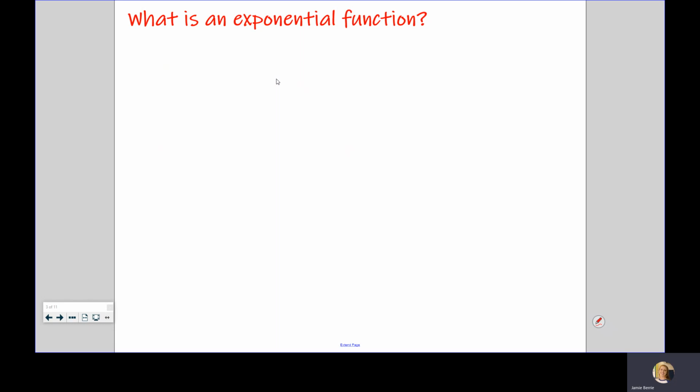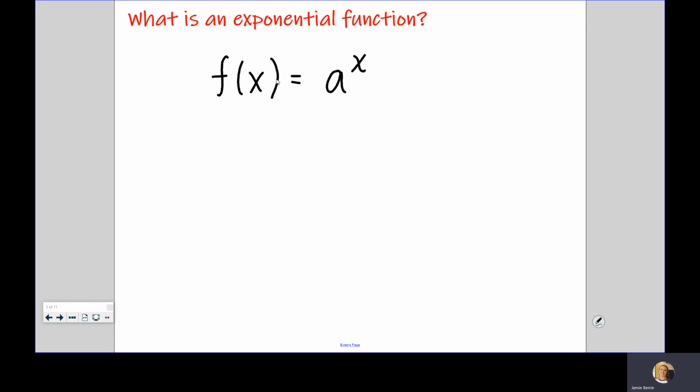How do I spot them? So exponential functions have the form f of x equals a to the x. So you can see we've got that variable in the exponent.